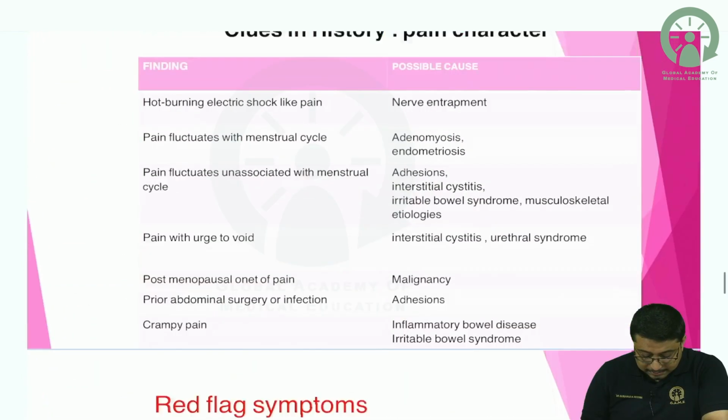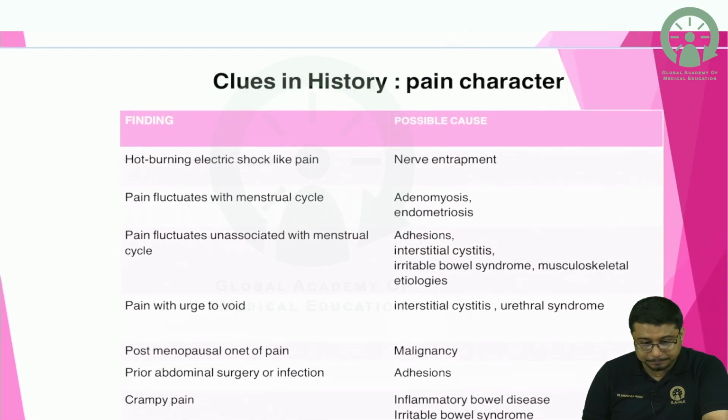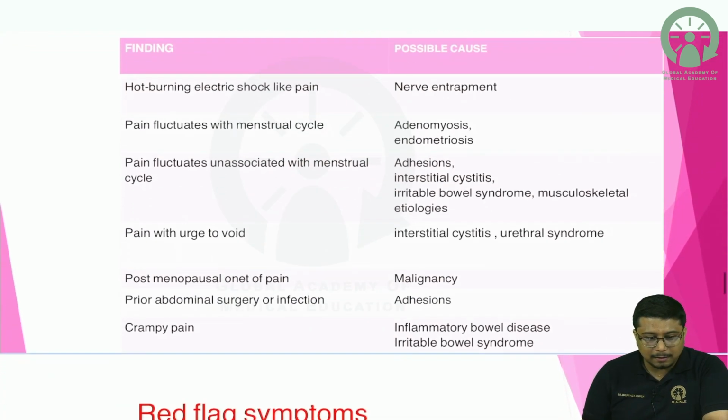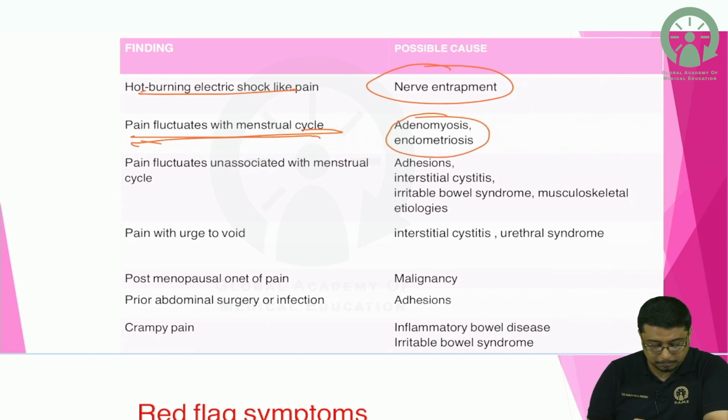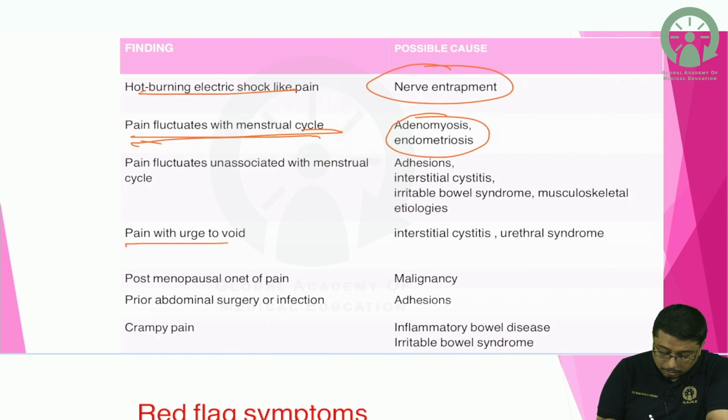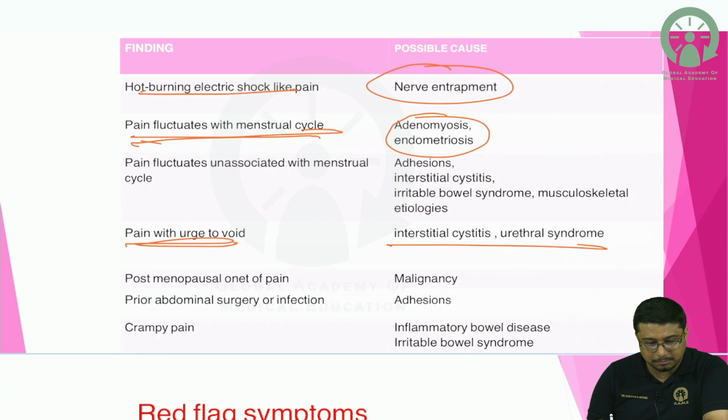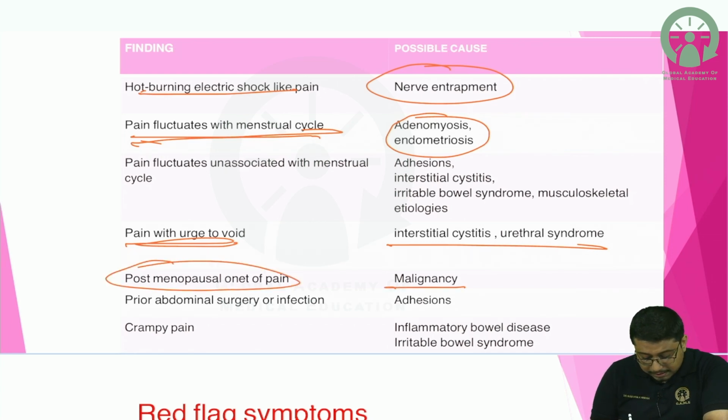Right. So if you see a question on chronic pelvic pain, if they are talking about a hot burning electric shock like pain, it is nerve entrapment. If they talk about pain that fluctuates with the menstrual cycle, it is adenomyosis or endometriosis. If they talk about pain with urge to void, then it is interstitial cystitis or a urethral problem. If they talk about postmenopausal pain or other things like breathlessness, weight loss, then malignancy.